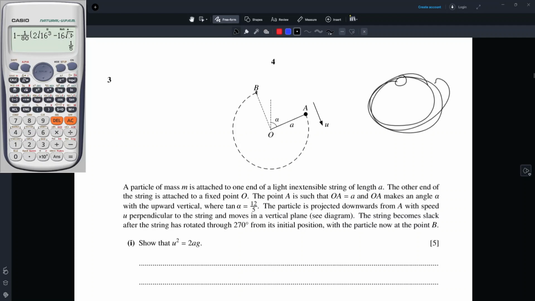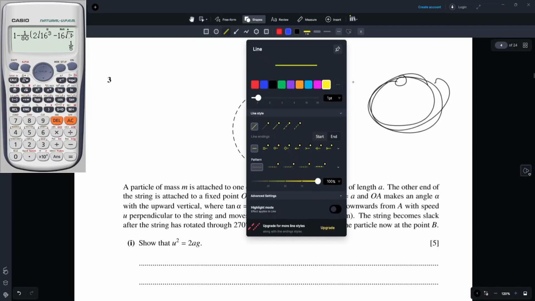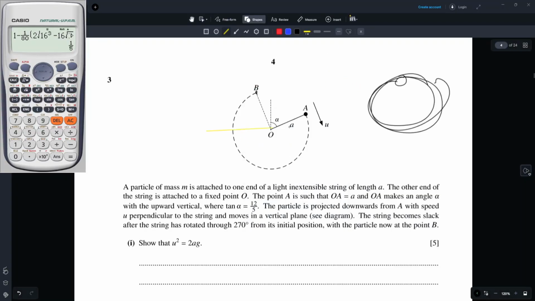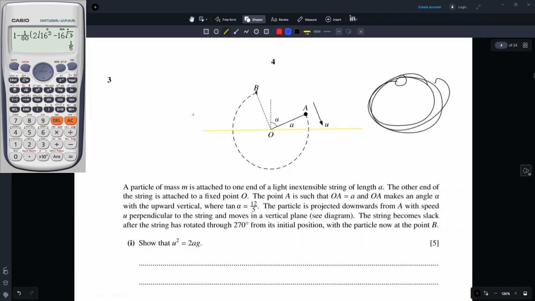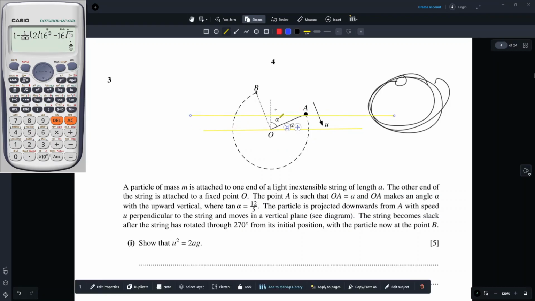For now, first of all, because we have a velocity given, we can easily find a height. So what are the different heights that we need? We need a height here, we need a height here, and we need a height here.